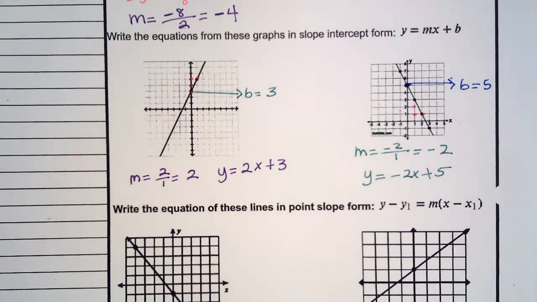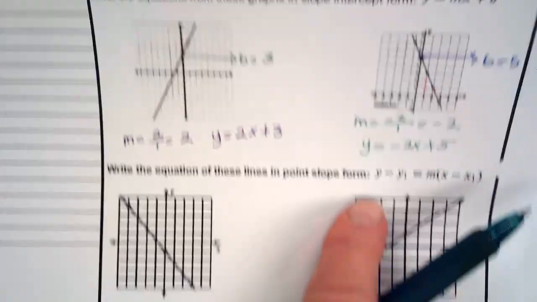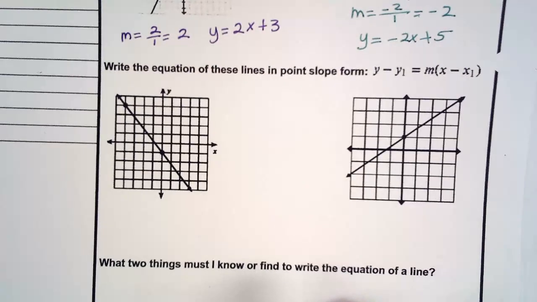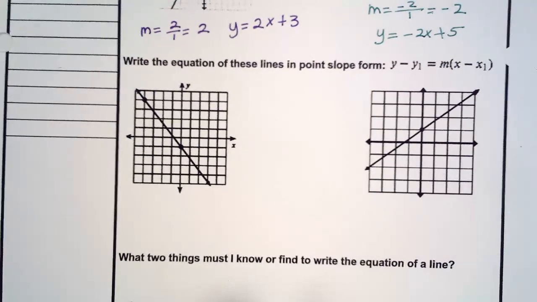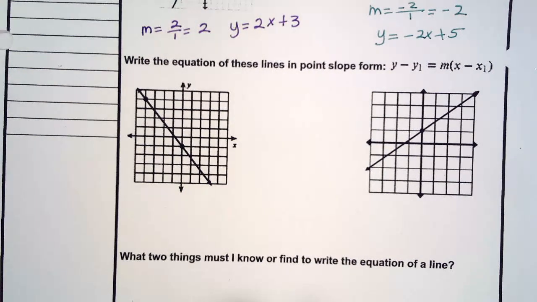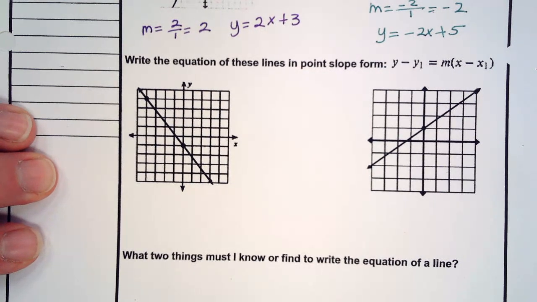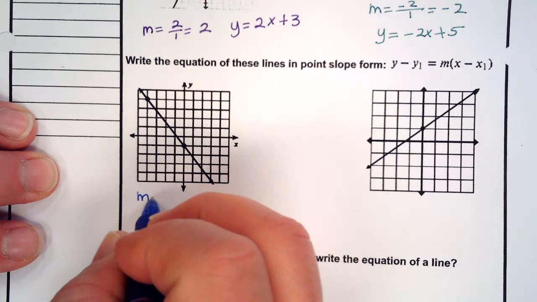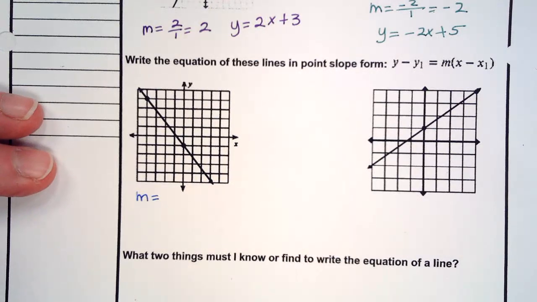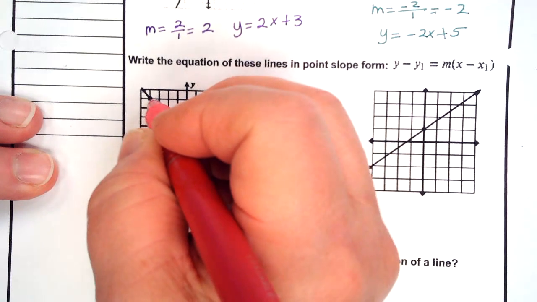For the next one, this time we're going to do point slope form. And you realize that you can use different points, so the equations could look different. But you still have to find your slope first, and you have to identify one point. So if I'm looking at my slope, I've got a point identified here.